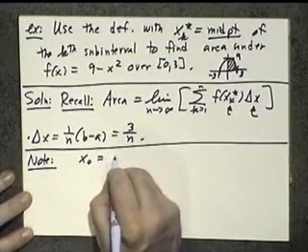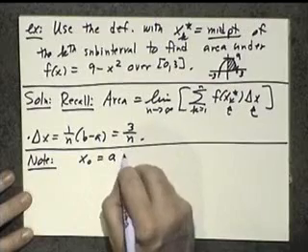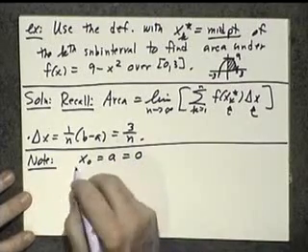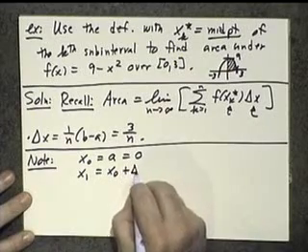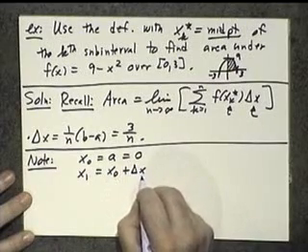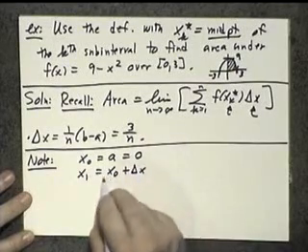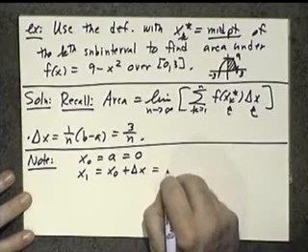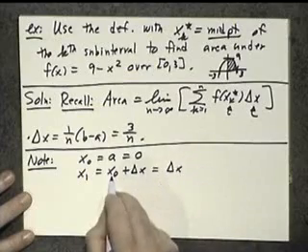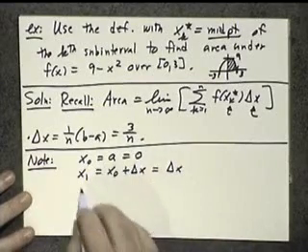Notice we took x naught to be a, which was the left endpoint, which in this problem was 0. Then x1 was the left endpoint plus the equal distance we travel to get to the next point. So x naught plus delta x gives me x1. In this case, that will just be delta x because x naught is 0.